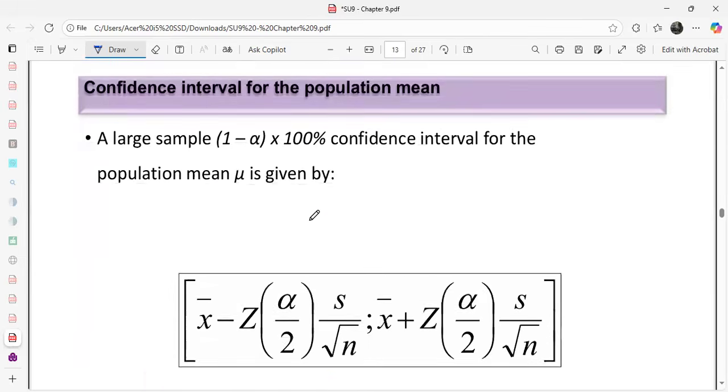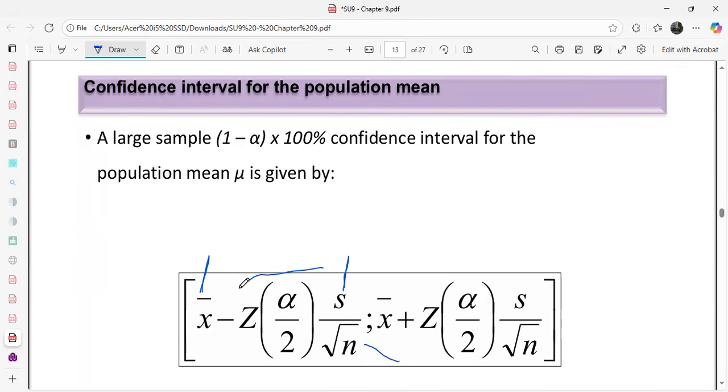Let's see the formula. Under the interval estimation, we have the first formula. We use it when we are given X bar as the sample mean, the sample standard deviation, and n, the random sample. You see this whole part here, Z alpha divided by 2. If they say calculate the confidence interval for 95%, you put 1.96 here.